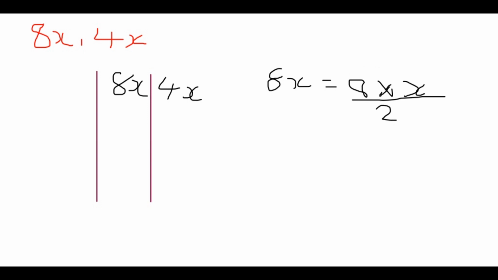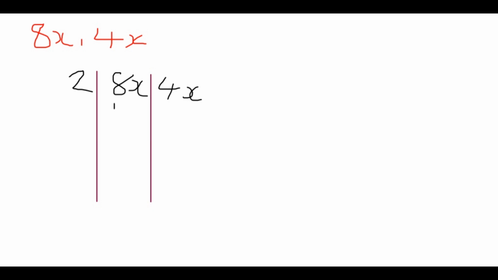So just take note of that. So we can divide by the smallest prime number, which is 2. 8x divided by 2 is 4x. So basically we are just treating the numbers first, before we start treating the letters. 4x divided by 2 is 2x.